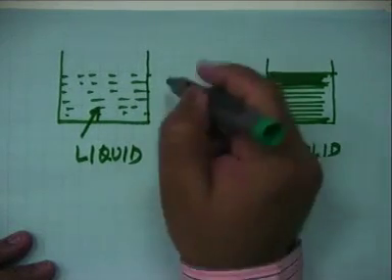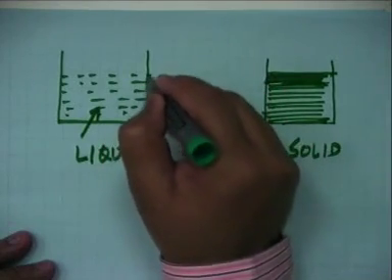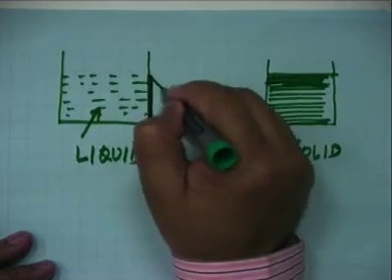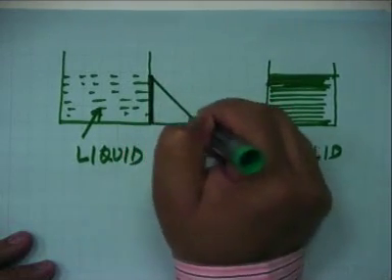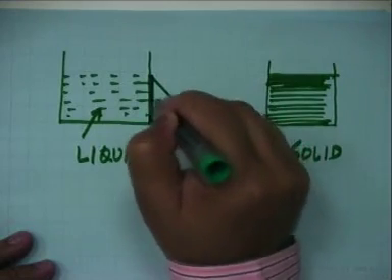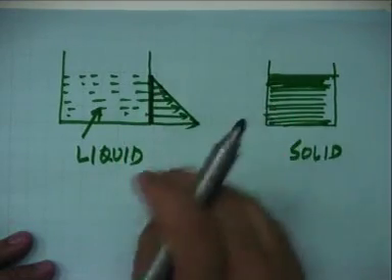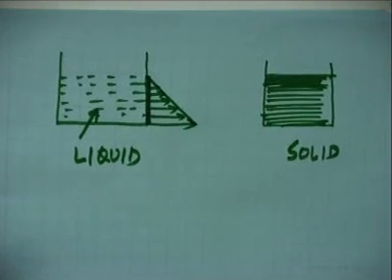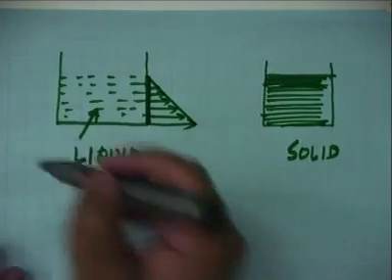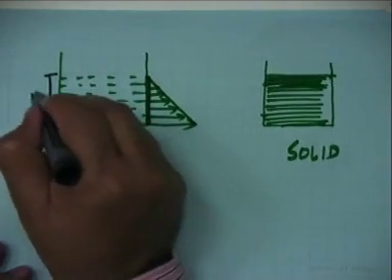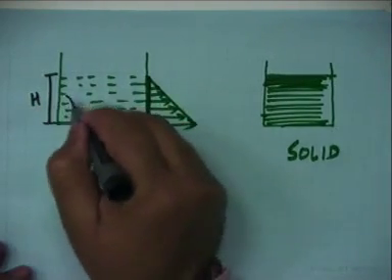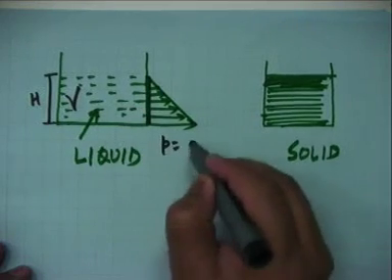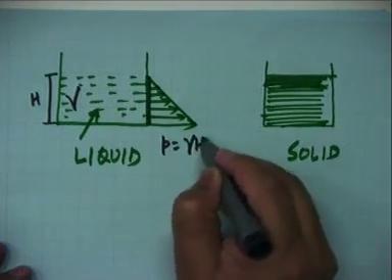Now, when it comes to pressure exerted on this surface, it would be something like this. At the bottom you have the maximum pressure. If the height of this liquid is h and density is gamma, your pressure is gamma into h.